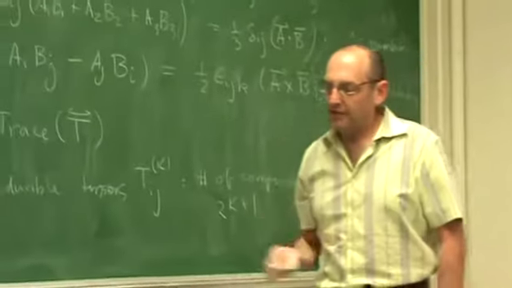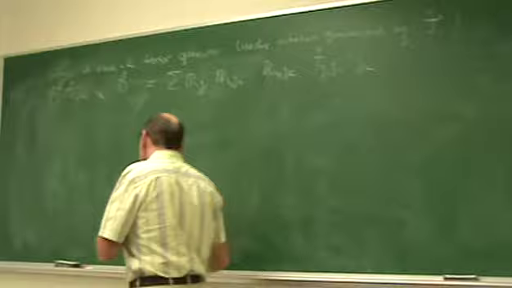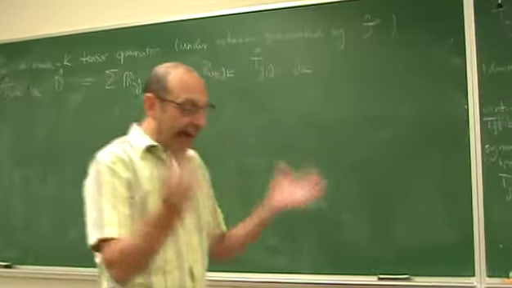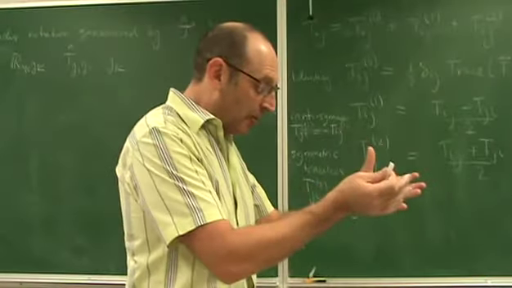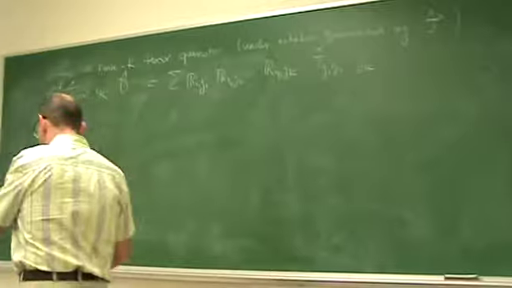So we see, or at least we get some hint of, the intimate relationship between objects that have angular momentum, and objects that transform a particular way under a rotation.